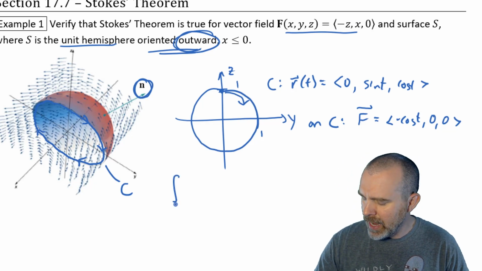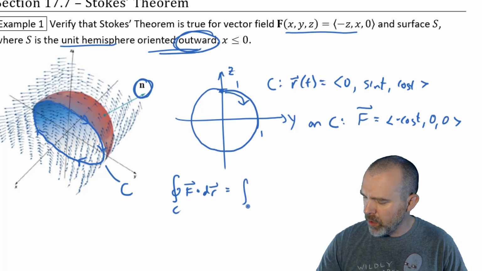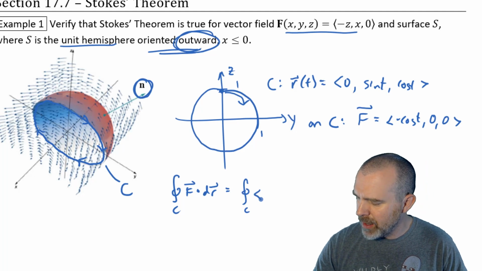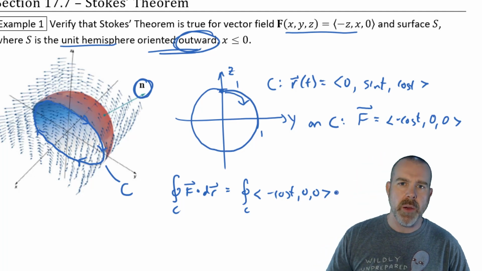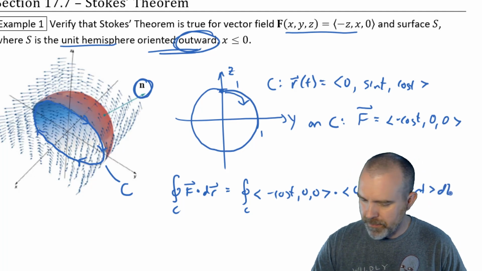So we would do the line integral F dot dr over the curve. Our field becomes negative cosine t, 0, 0, and then dot product with dr, which would be r prime dt. That's 0, cosine t, negative sine t dt.